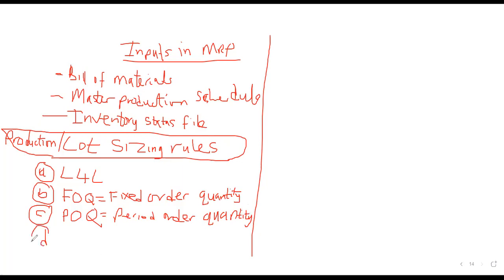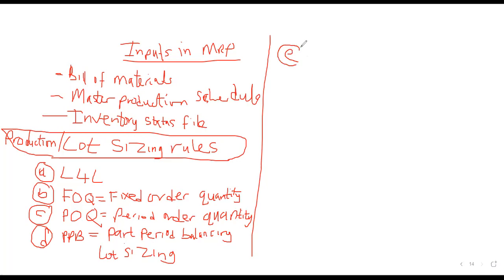Then the other one is PPB, which is called part period balancing lot sizing. Then the last one is economic order quantity, EOQ.